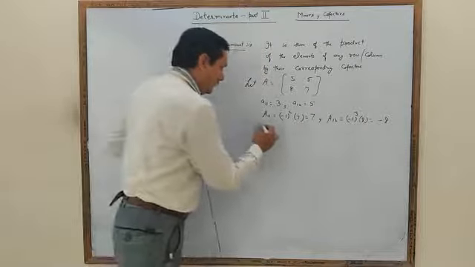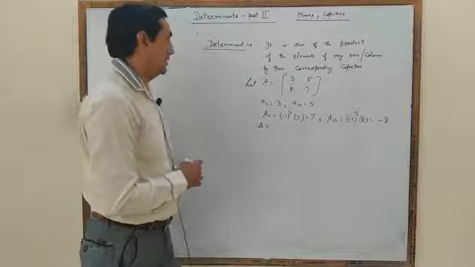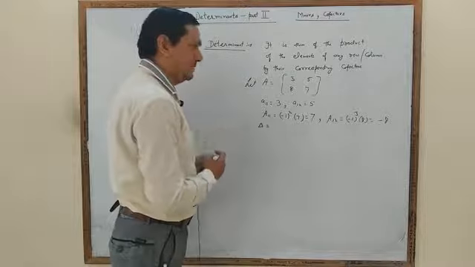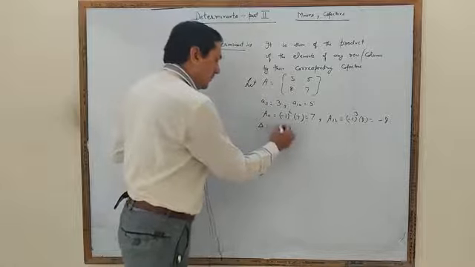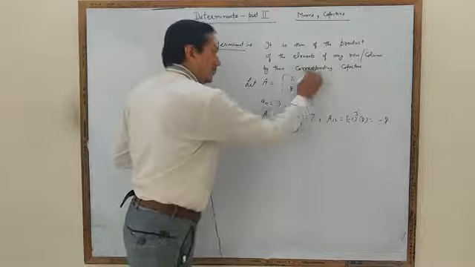Now what we are trying to learn is that the determinant is the sum of the product of the elements of any line, meaning row or column. We have taken the first row.